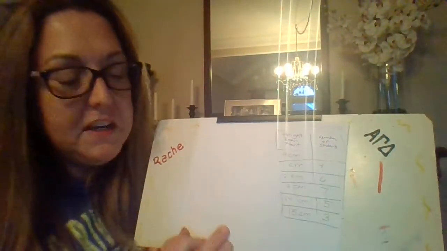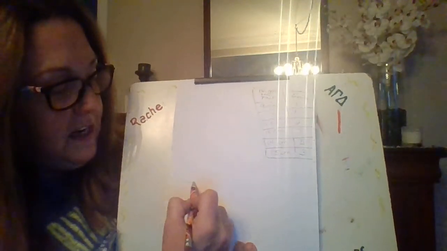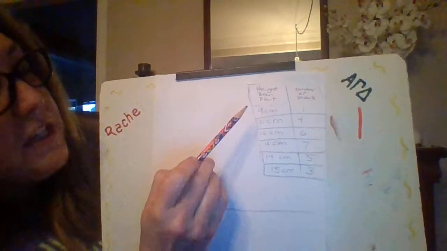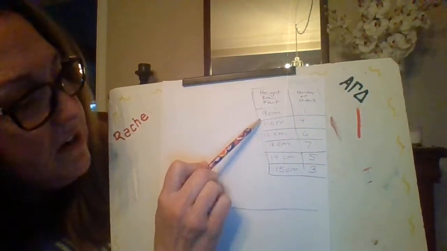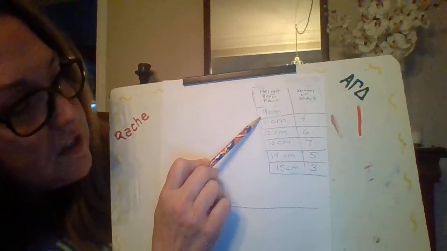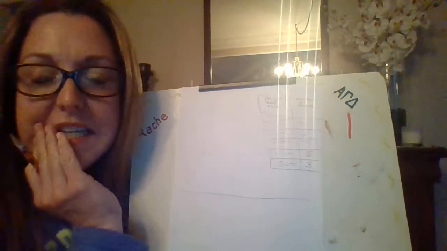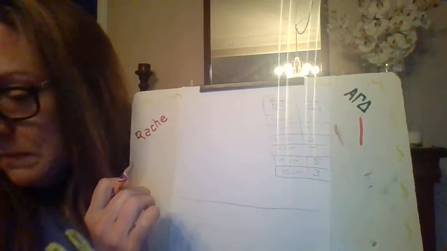So when you start to think about your line plot, and I'm going to go ahead and draw mine right here, you want to think about what is my smallest number. And at least on this data table here, 9 is the smallest height of the bean plants. Oh, which brings me to another point. We need to always give your line plot a title.